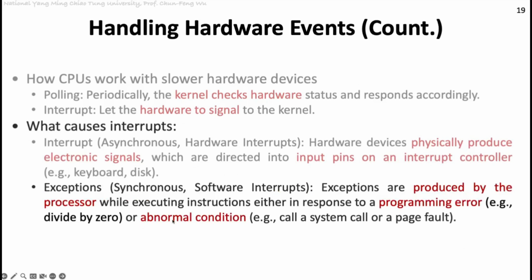What we mean by abnormal condition is usually when the user process is going to interact with the hardware device. In this case, the processor will run the interrupt itself. This is called a software interrupt. There is no hardware electronic signal sent to the CPU, but the CPU itself will interrupt itself.